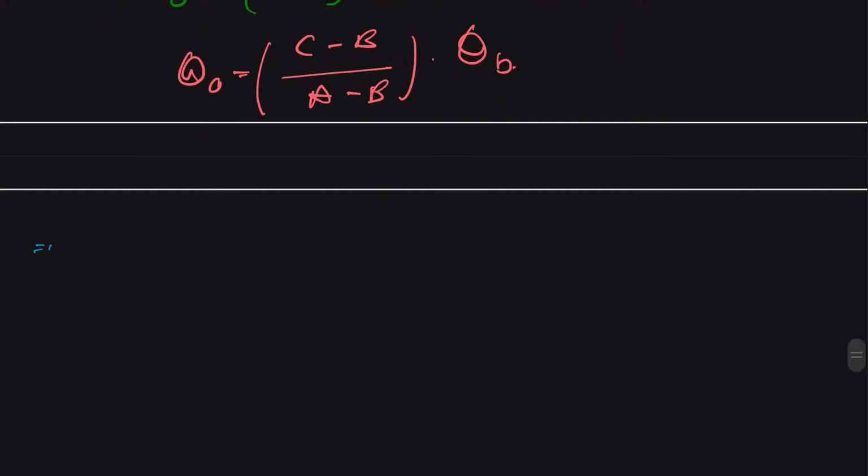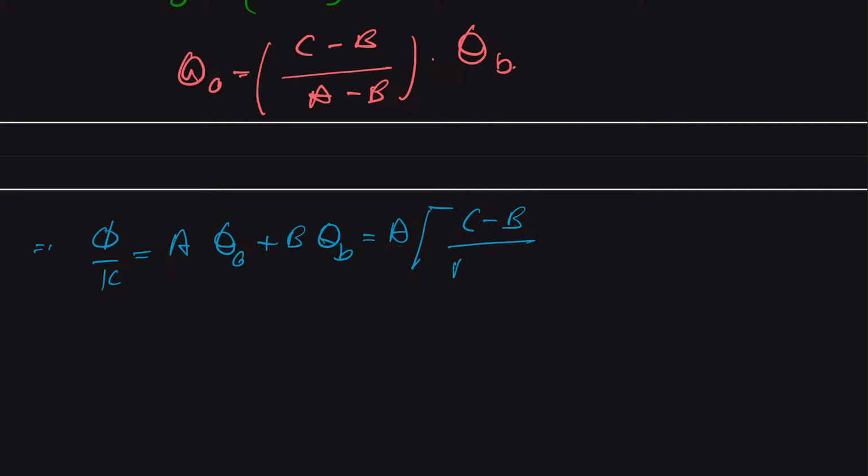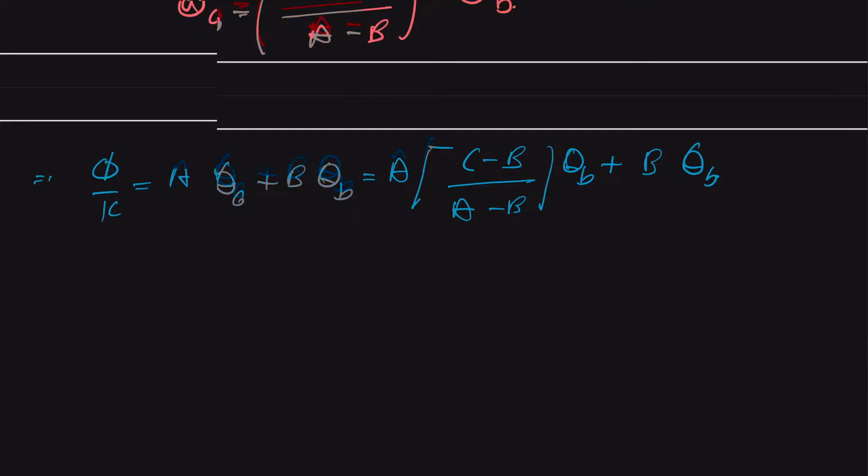Therefore, we can say that phi upon k is equal to, let me put it in this equation, a times qa plus b times qb. So this comes as a times c minus b over a minus b times qb plus b times qb. And we can take qb as common from here.